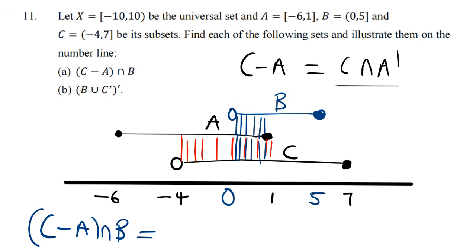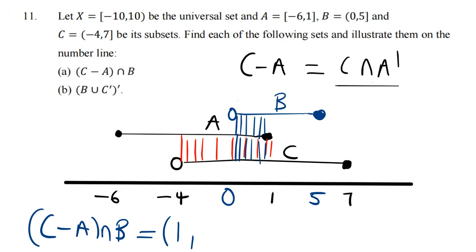since B doesn't start from 0, it starts from 1 actually, because 0 is not part of B. So in this case, we're just going to put it like that, and then we're going to move all the way to 5.